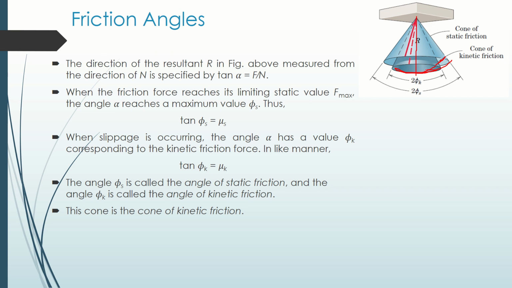That is, within the phi k region of the cone, everything is in kinetic system. Everything is in motion. This means the lower the value of this angle, the lower the angle of F, or increase the normal force and reduce the perpendicular force, the force required to move the object.